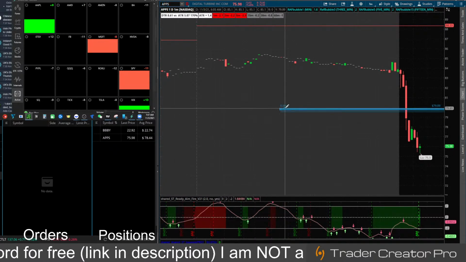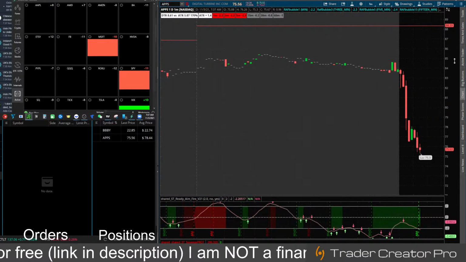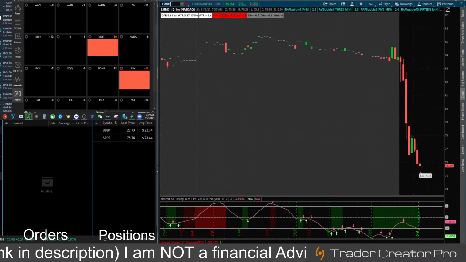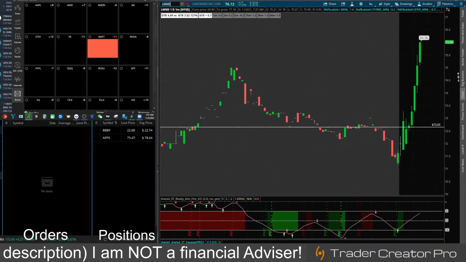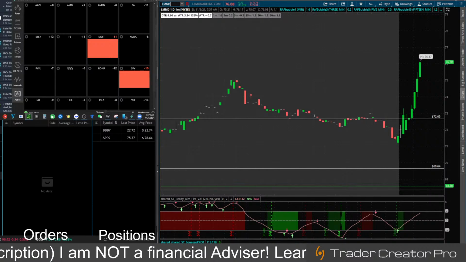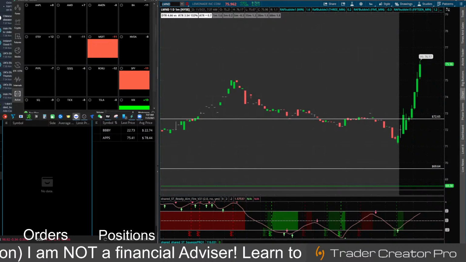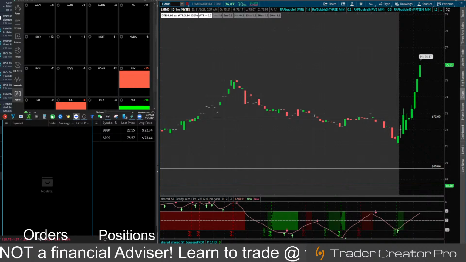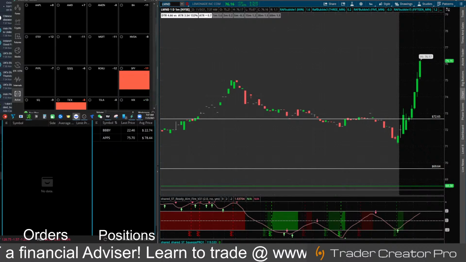Ooh, Lemonade spiking. Lemonade showing the strength. I'm going to be taking a look at these options here on Lemonade.